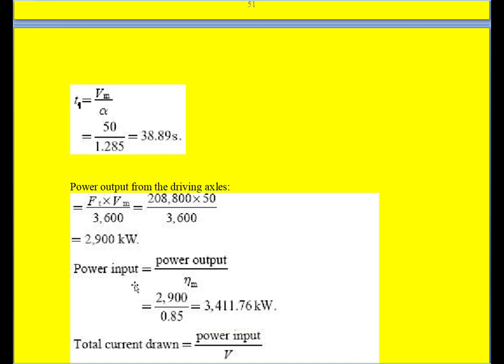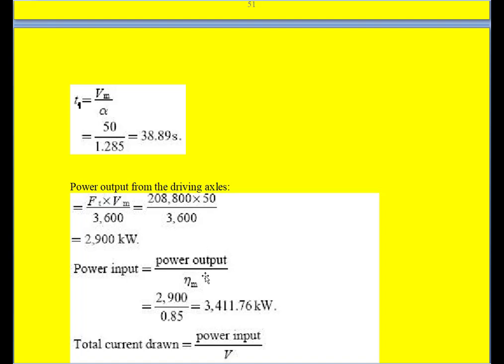Then to know the input power to the driving axles, we have to use the efficiency of the motor, that is power output divided by efficiency.